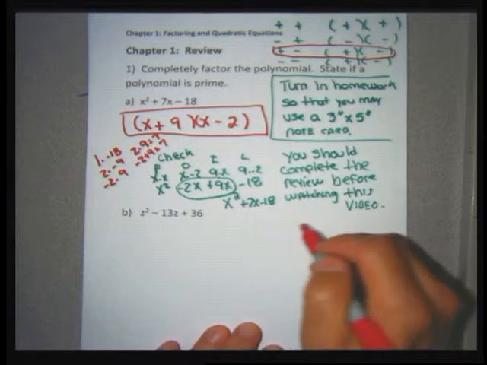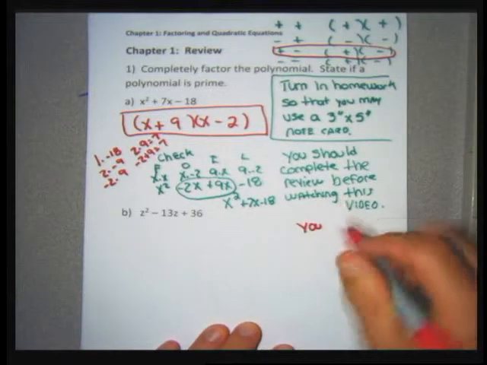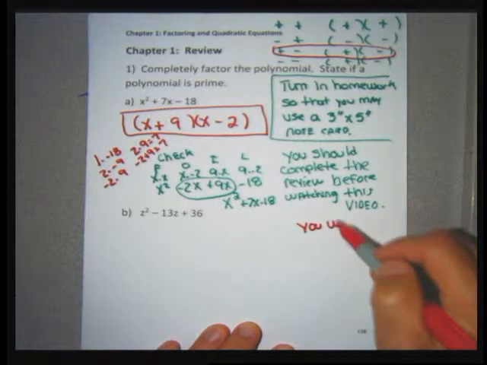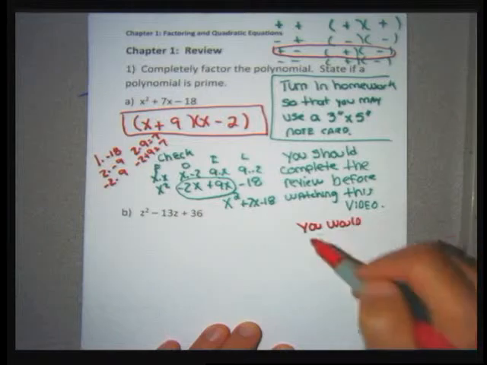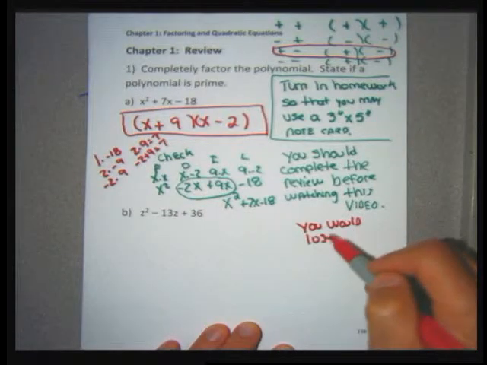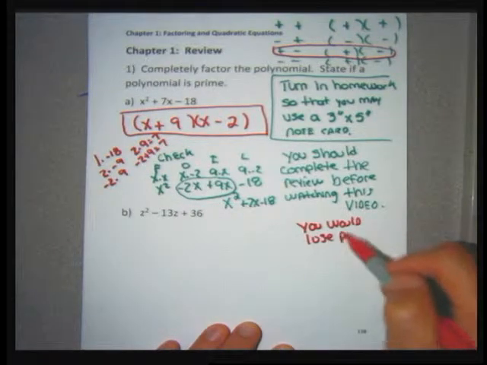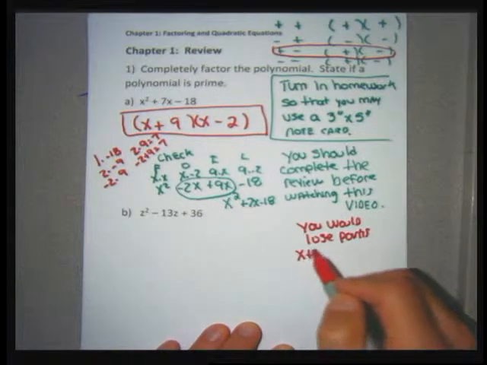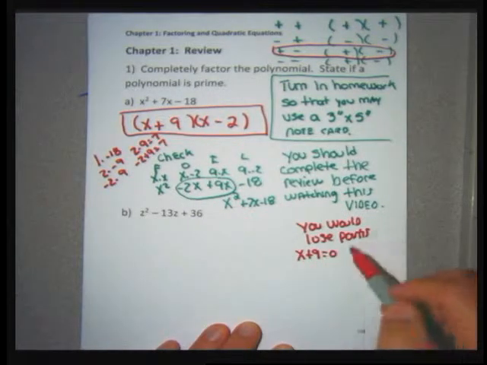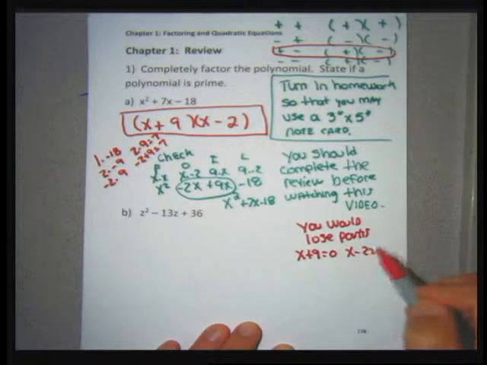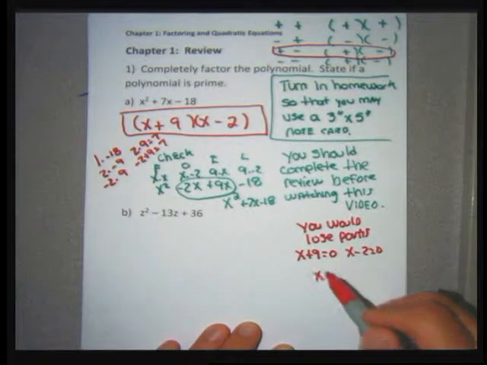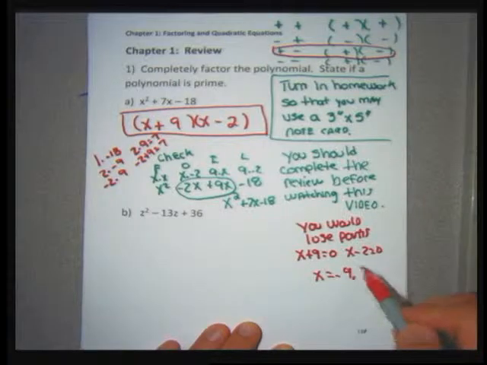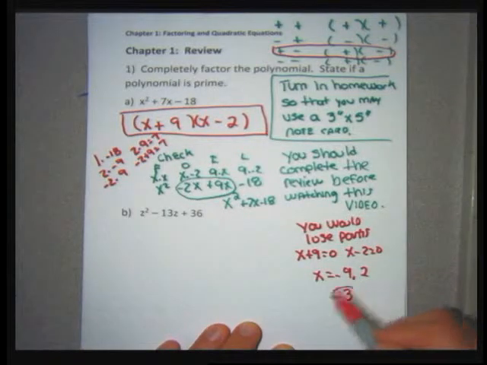You would lose points, probably a few points, probably like 3 points, if on any of the problems that don't have an equal sign, you wrote answers by taking the contents of the parentheses and setting them equal to 0. So if your answer was x equals negative 9 and 2, it probably would be a minus 3.